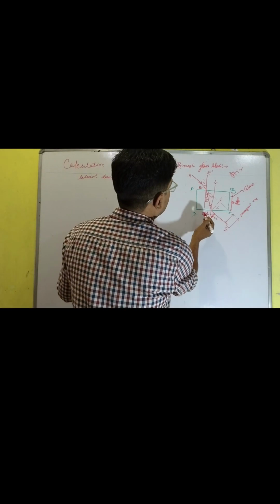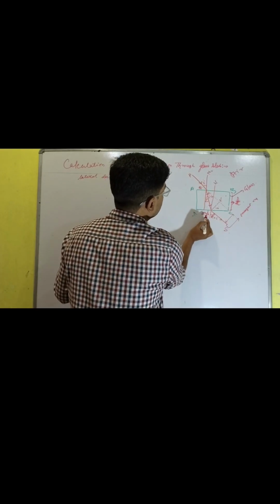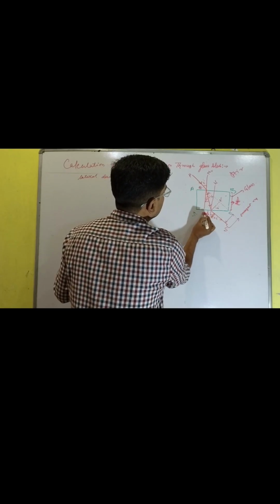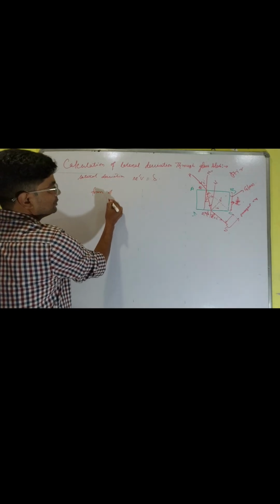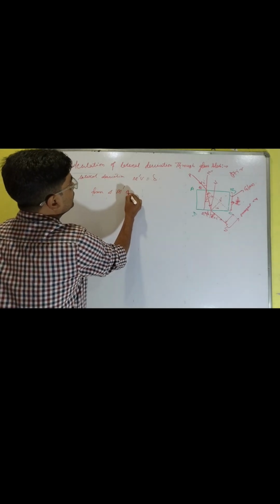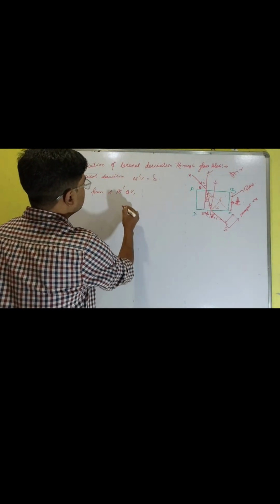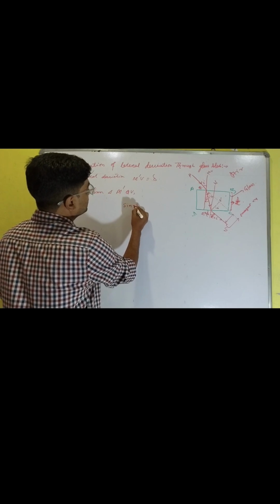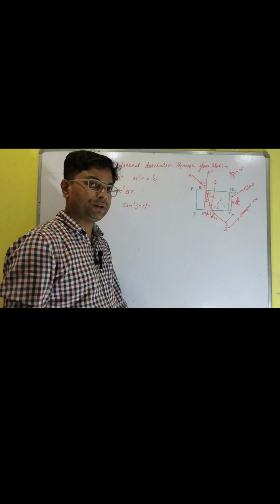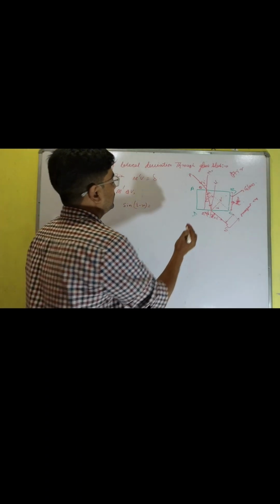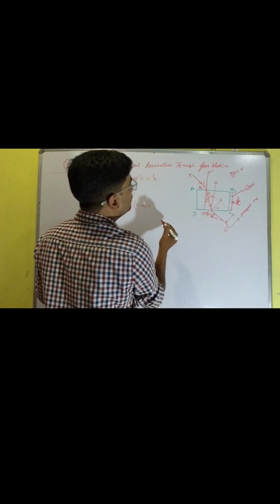For that, I will use two triangles. First triangle M dash QV and another one M dash QN2. Let's start from triangle M dash QV. I will take the angle i minus r. According to trigonometry, sine of (i minus r) is equal to what?